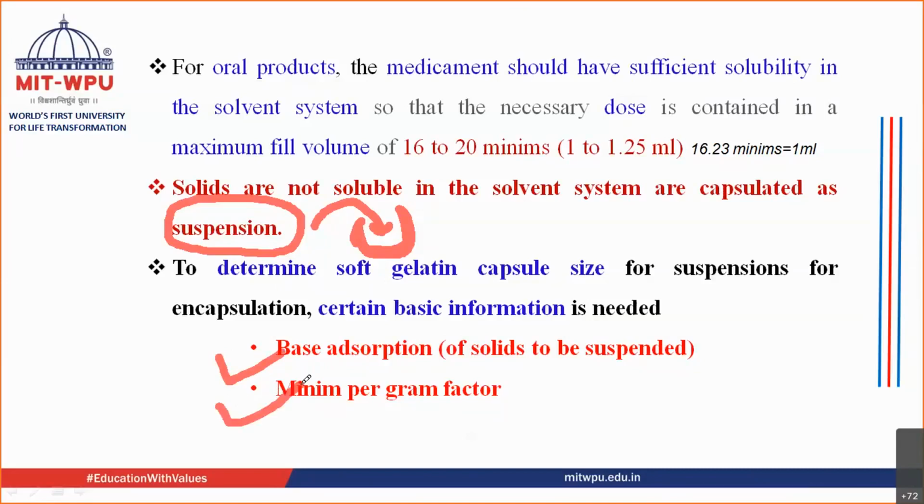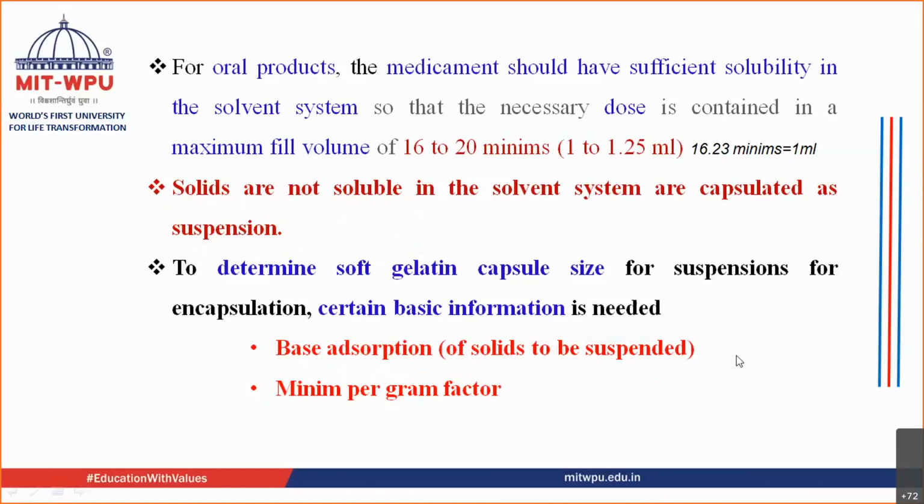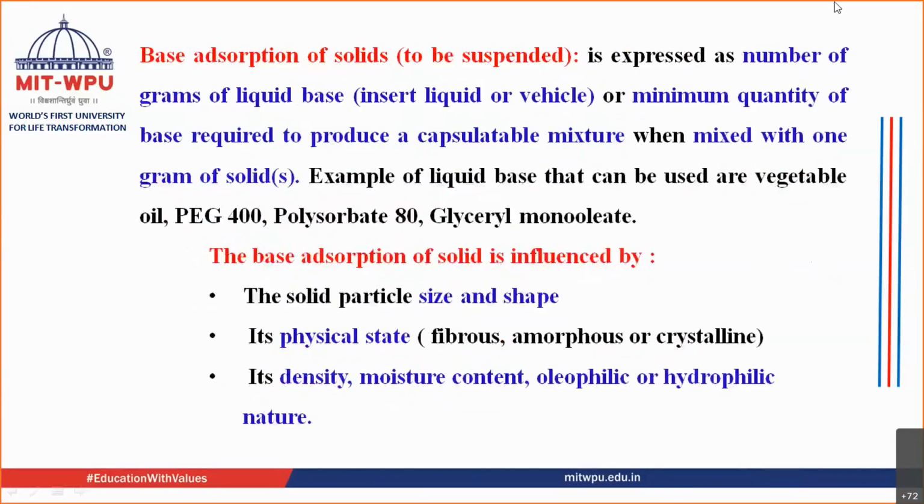So these two things are important. We first went on to see what the base adsorption is. We said that the base adsorption is expressed as the number of grams of liquid base which are required to be added to a solid so that you produce a capsulatable mixture.